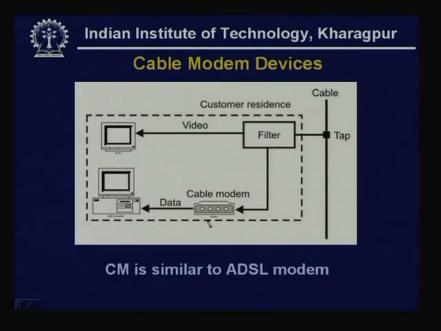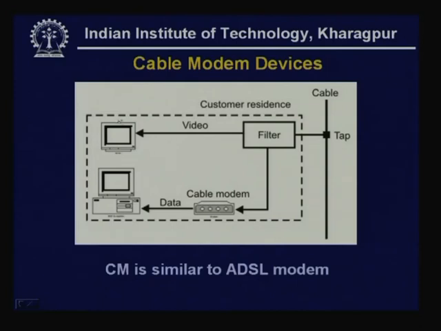So, here are the different devices that are used in a cable modem system. Here you see the cable modem that is being used in the residential premises. This is the customer residence, and this is the coaxial cable, and a tap is made. From there the signal comes to a filter which separates out the video signal.